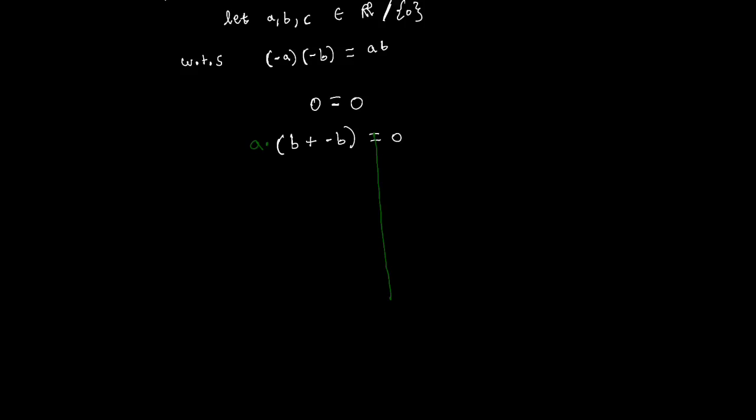So I'm going to multiply the right-hand side by a as well. Now on the left-hand side, I'm left with a multiplied by b plus negative b. And on the right-hand side, 0 times any real number is going to give you 0. And that's due to the 0 product property.